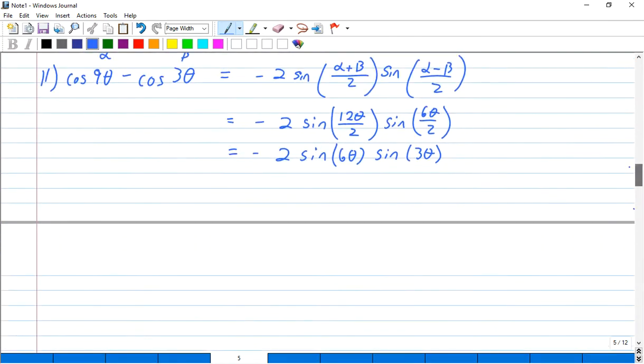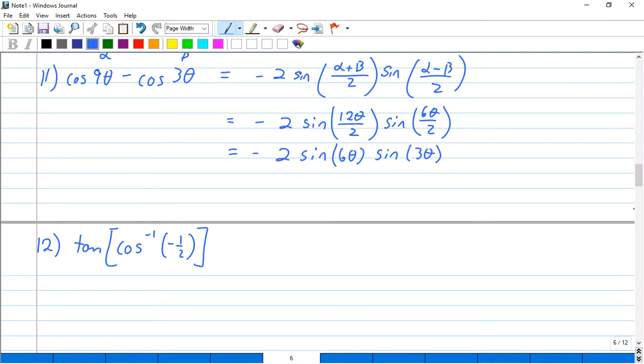All right. Problem number 12. The tangent of the inverse cosine of negative 1/2. All right, got to know a couple of things.